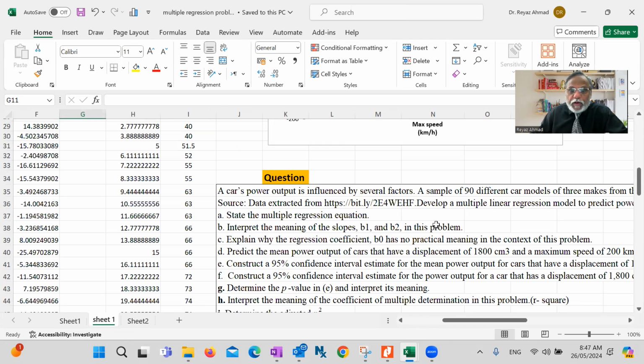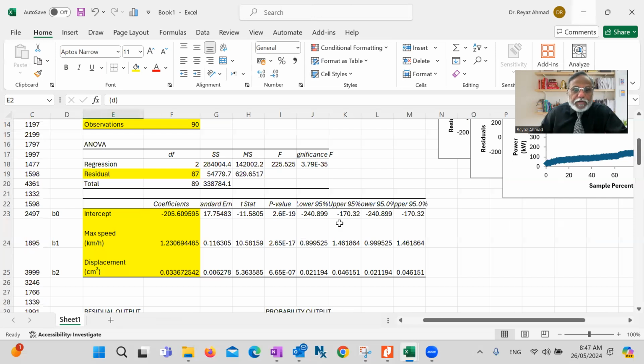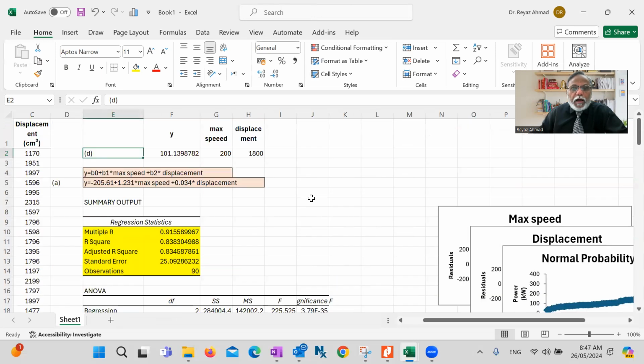So we are going to find a confidence interval for the y value that we have already obtained. Let us do it over here. What I will require more for this, I'm going to show you here. I will need the T stat.